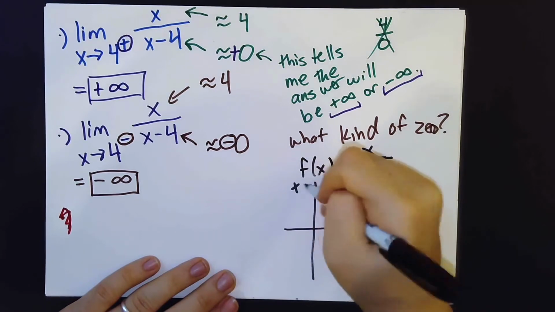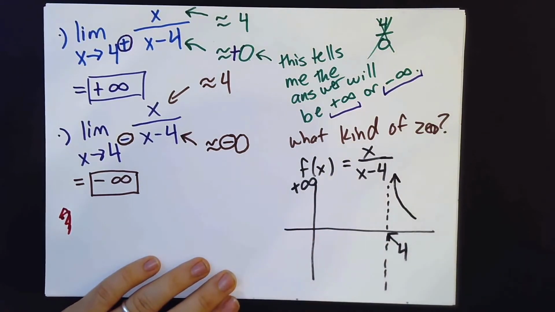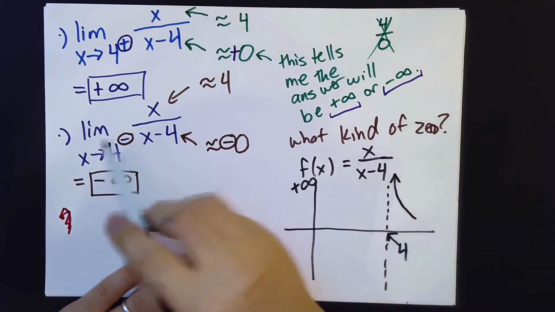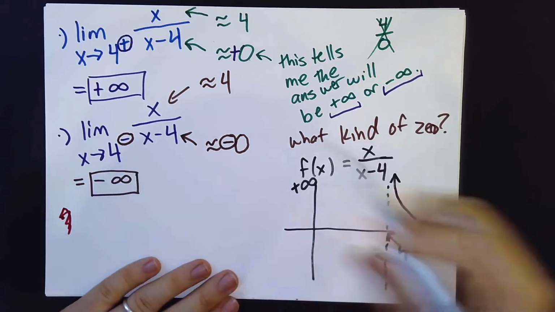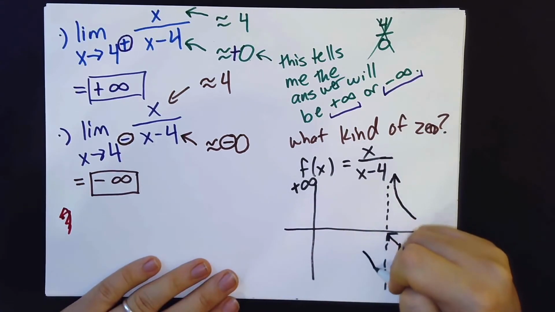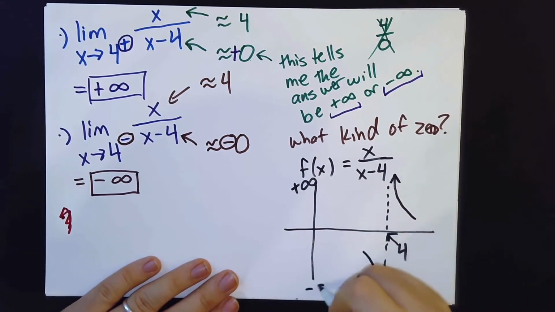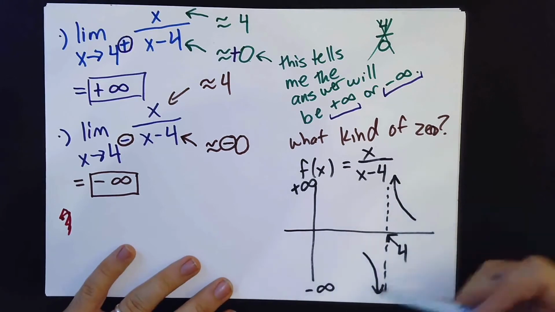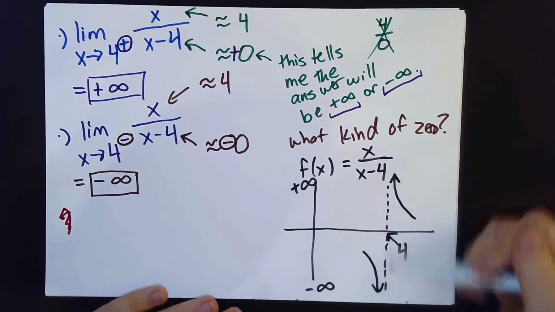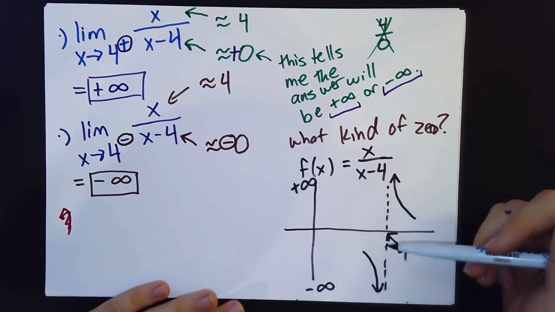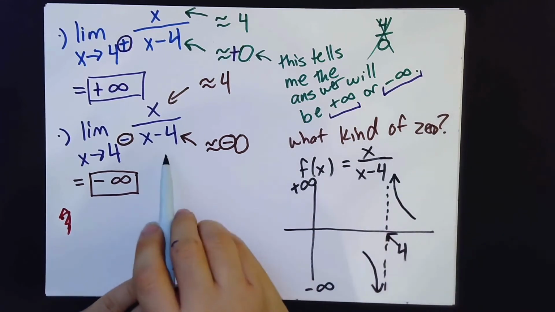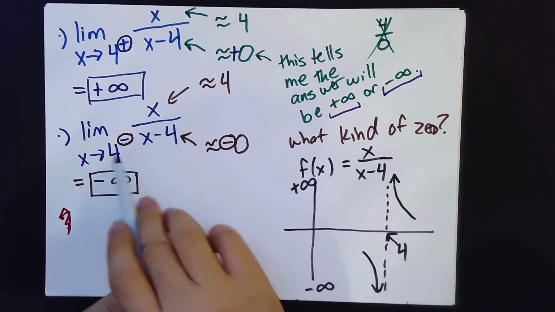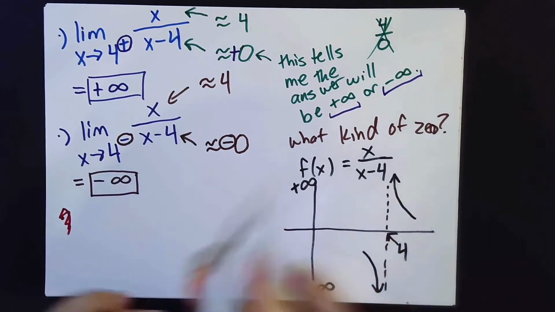That is, again, in the direction of the plus infinity on the output axis. Okay. And on the left-hand side, it ends up running off towards minus infinity, in the direction of the minus infinity on the output axis. Okay. And so it is telling me this particular shape is the shape of this particular explosion that happens when I try and divide by 0. Because when I plug in 4 here, I get 4 over 0.